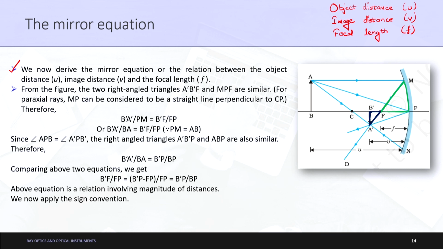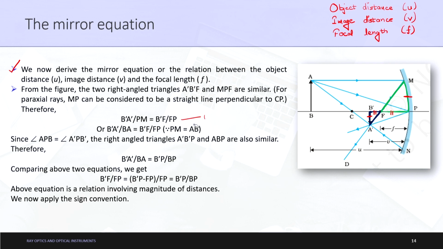Therefore, B dash A dash upon PM is equal to B dash F upon FP. Quite evident, these both are heights and these both are bases, so the ratio of the heights is equal to the ratio of the bases. This is the first equation.